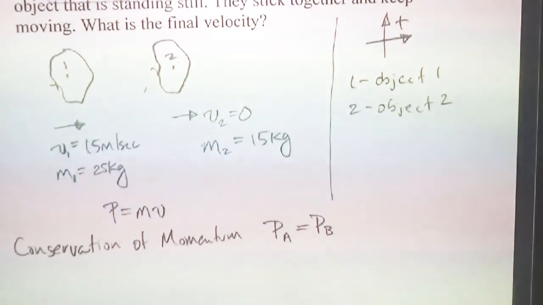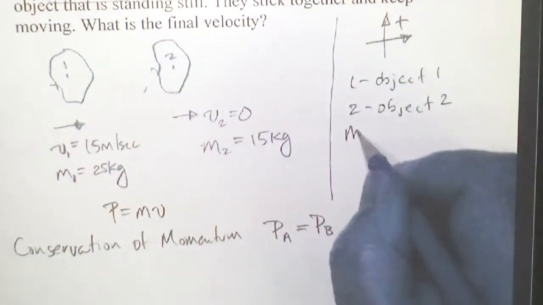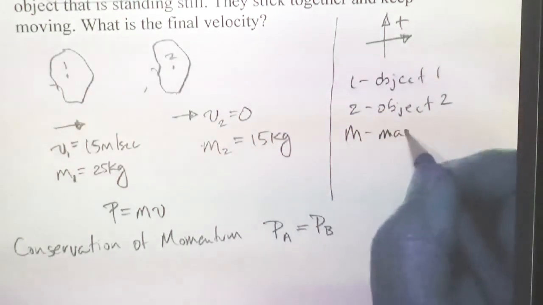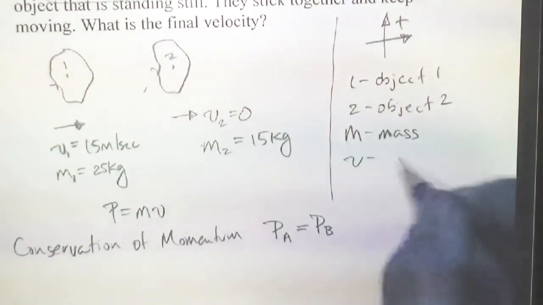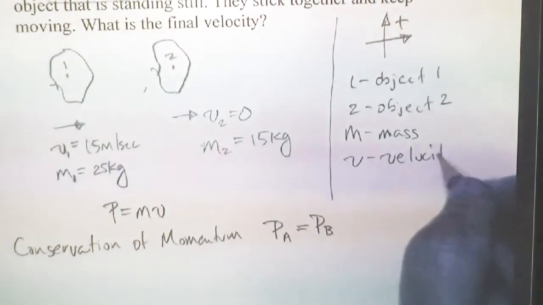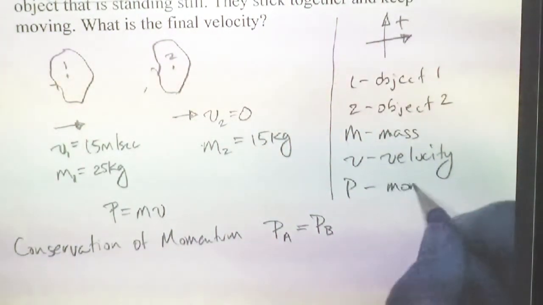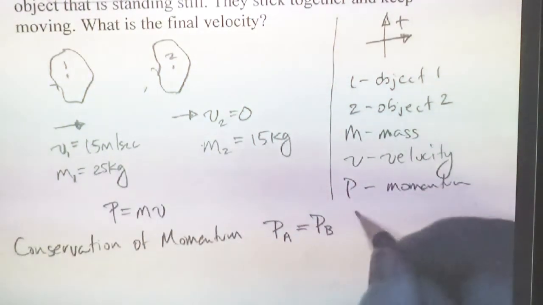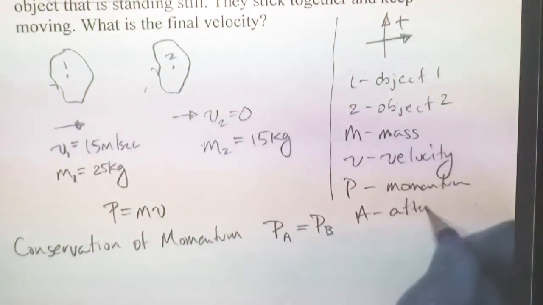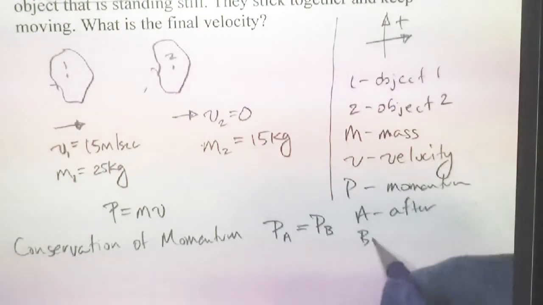PA equals PB, or PB equals PA. And we'll just go ahead and put M over here for mass, V for velocity, P for momentum, A for after, and B for before.